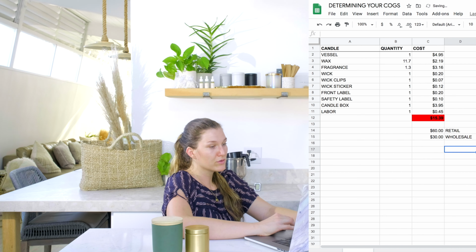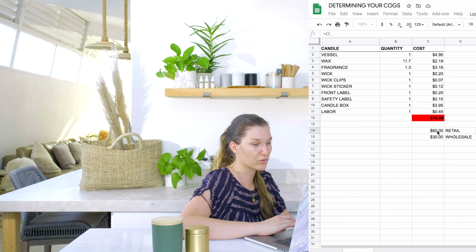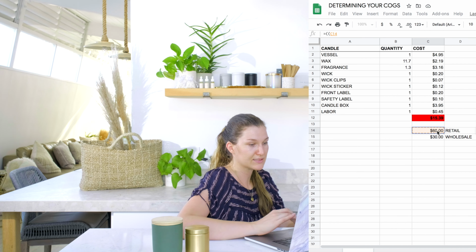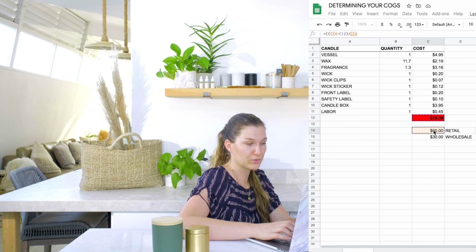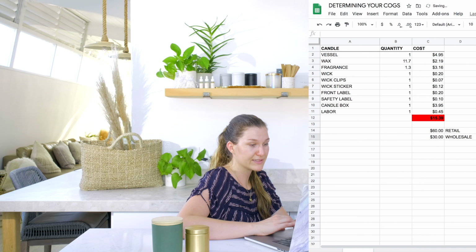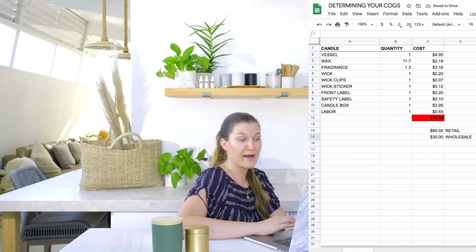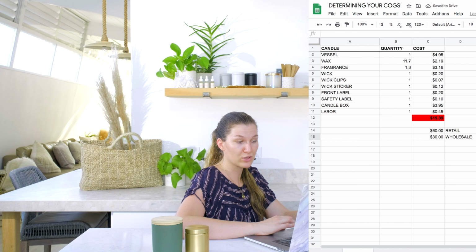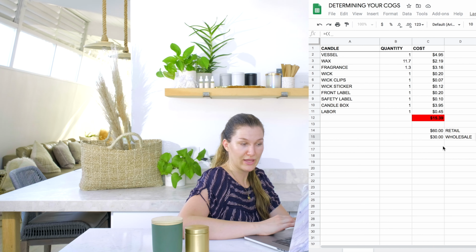So if we do the math, basically what you will do is you're going to take your retail price, and you're going to subtract your cost, and then you're going to divide that by your retail price. So that is going to give us our margin on the product. So you would have approximately a 74% margin on your retail, and on your wholesale, we're going to follow that same formula.